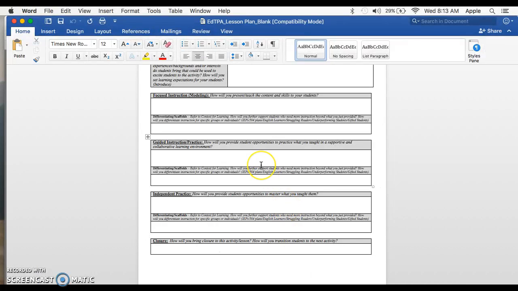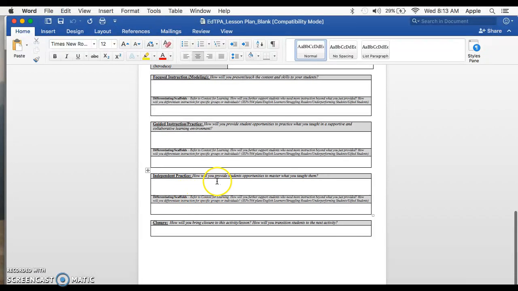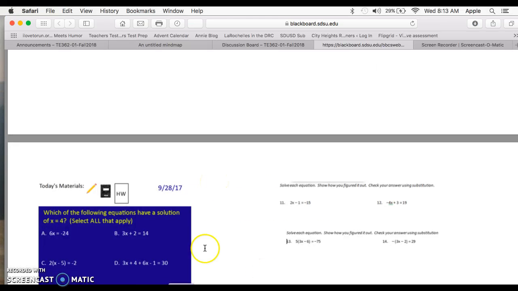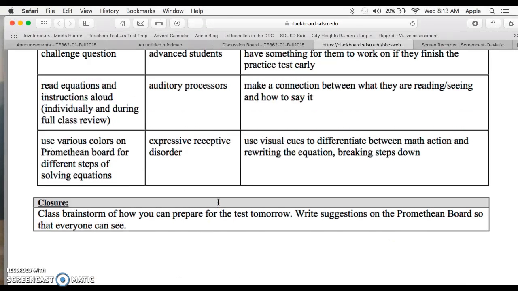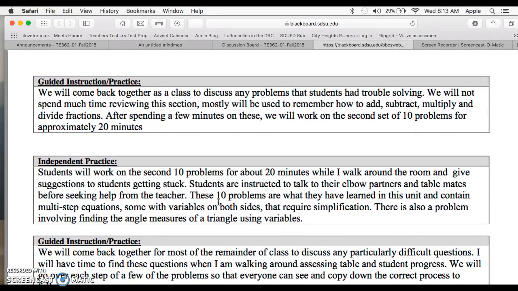And then as we carry down into the independent practice, the lesson plan that I had opened actually has two independent practices.